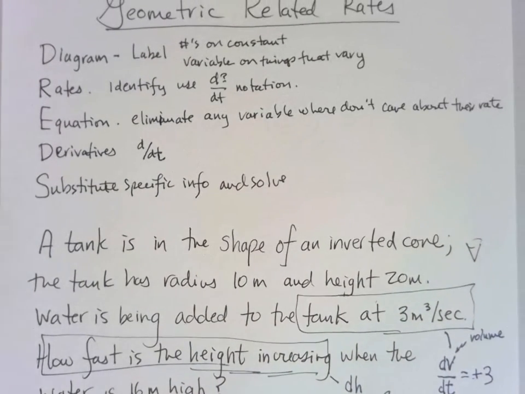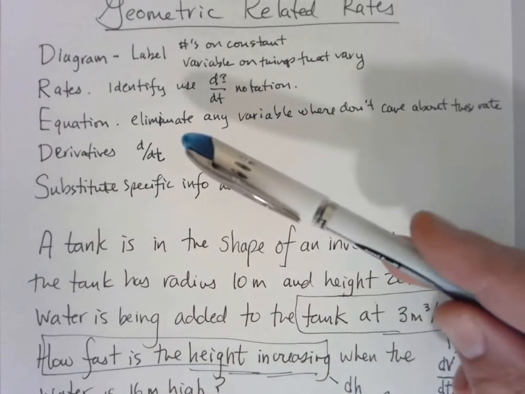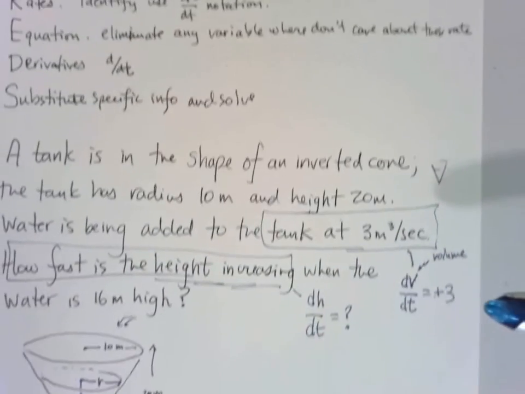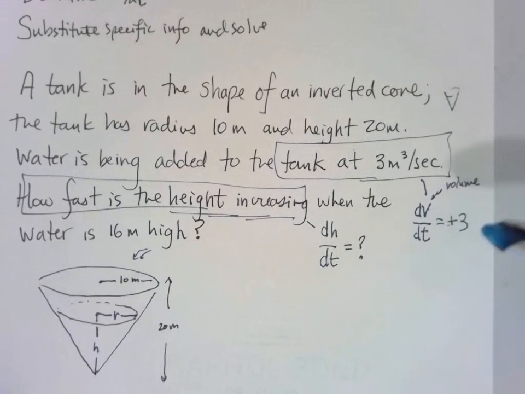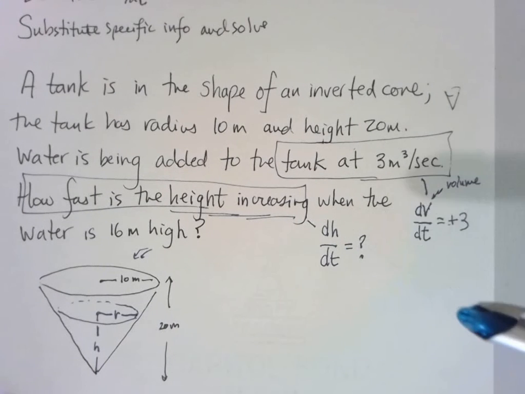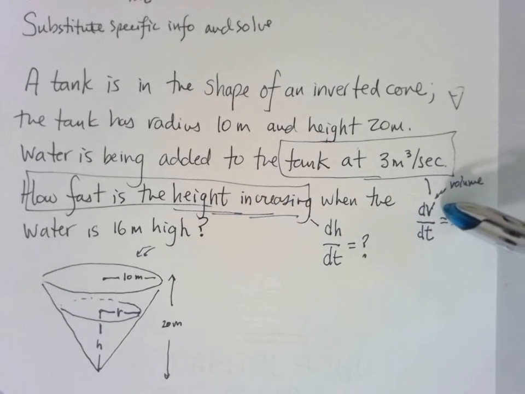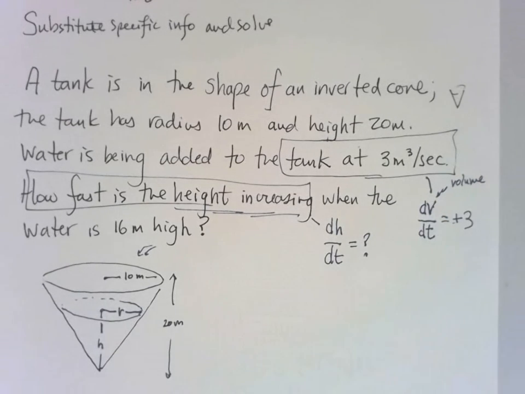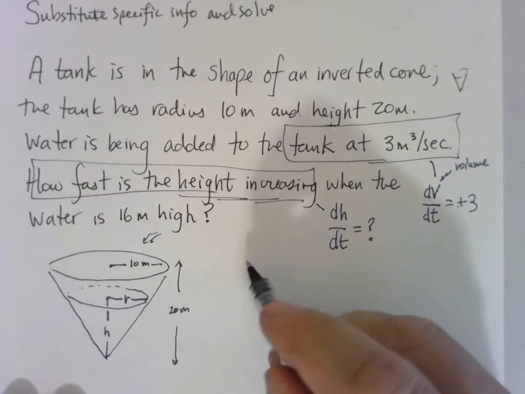Next, I need to write an equation, and I need to eliminate any variable where I don't care about their rate. So if I look at the rates that I have, dV/dt, which I know, and dH/dt, my unknown rate, that tells me I need an equation that relates V and H. And from geometry, and on the AP they give you these formulas, and they also will be given on the homework, we learn how to get the volume of a cone.